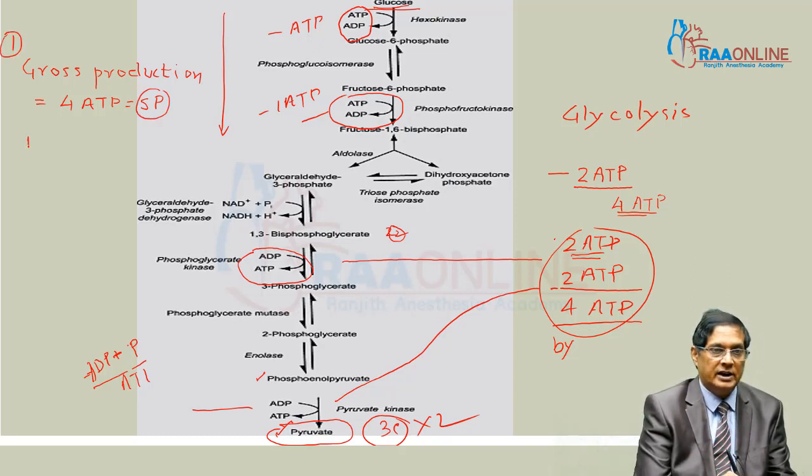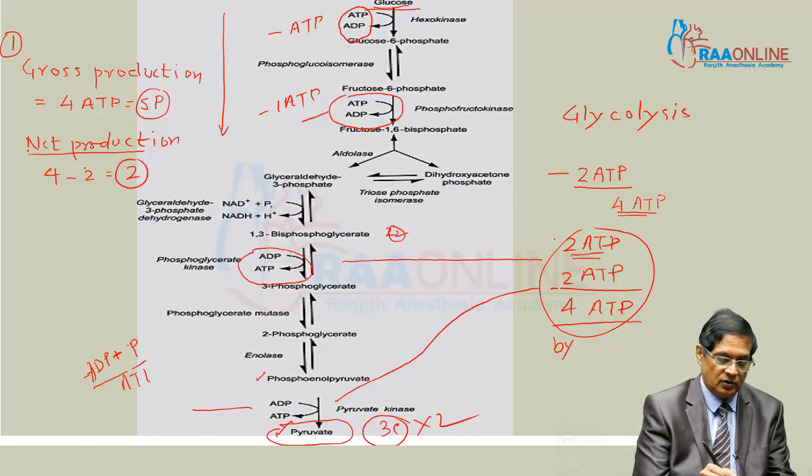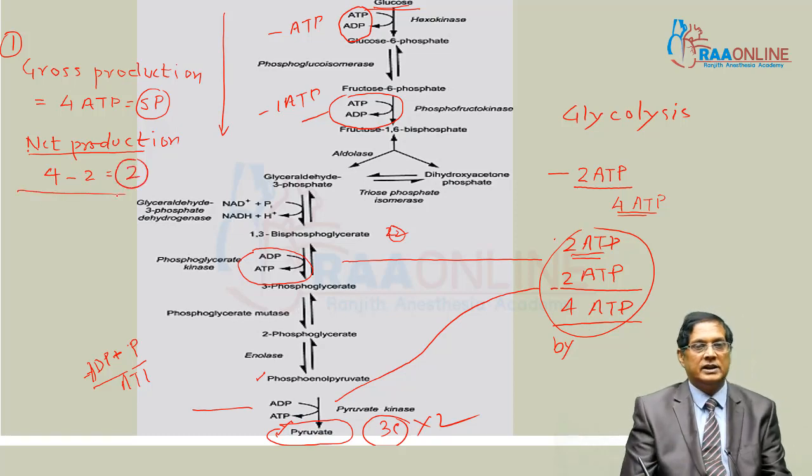What will be the net production of glycolysis? In net production, the 2 ATPs which are used in the first two initial steps are subtracted, so only 2 ATPs are there as net production.